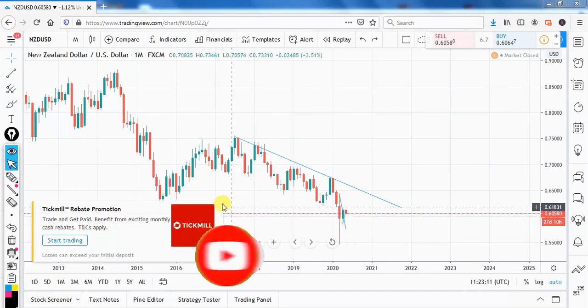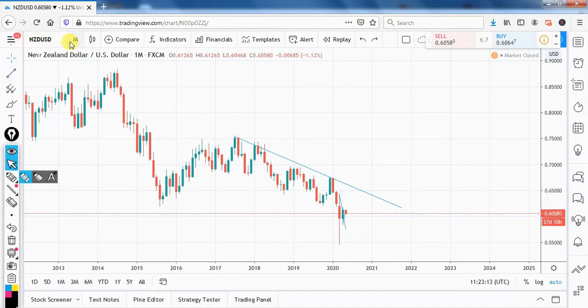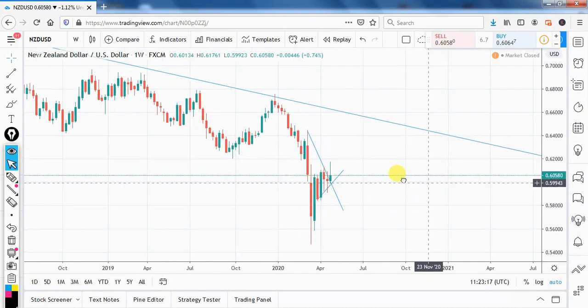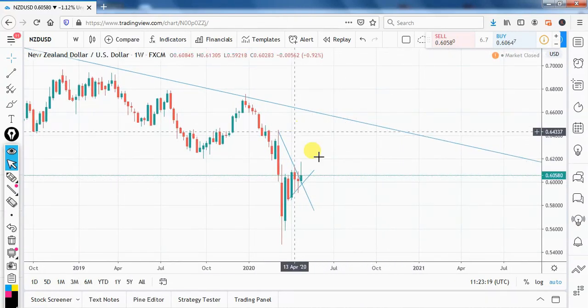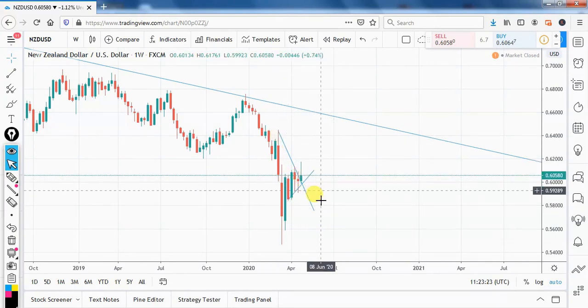So let's drill down to the shorter time frame and analyze what is going on in here. On the weekly time frame, we don't really see much, because the candles are all over the place.